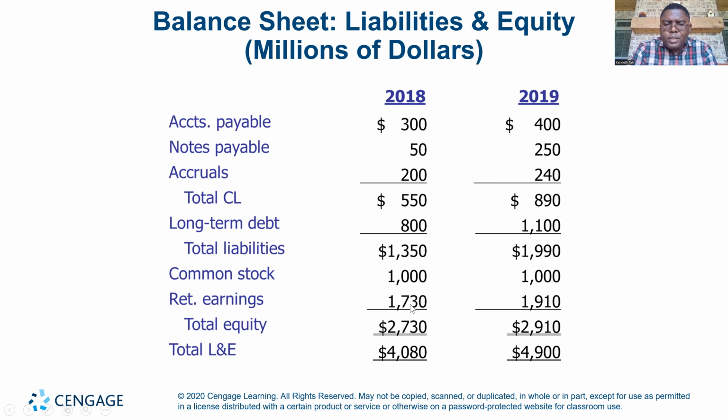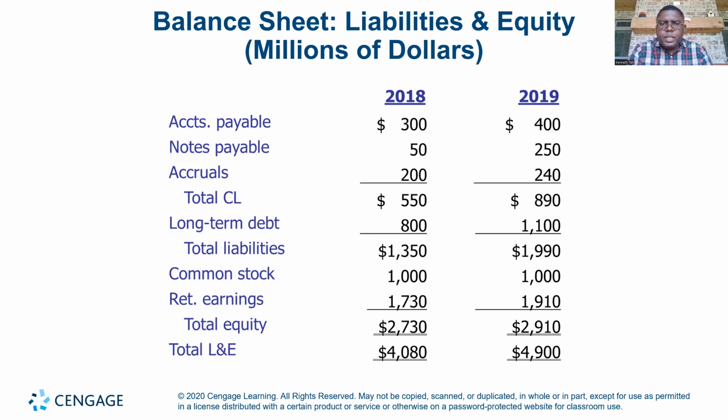Common stock plus retained earnings give us our total equity. So total equity plus our total liability is going to give us our total liability and equity. So this is the balance sheet.